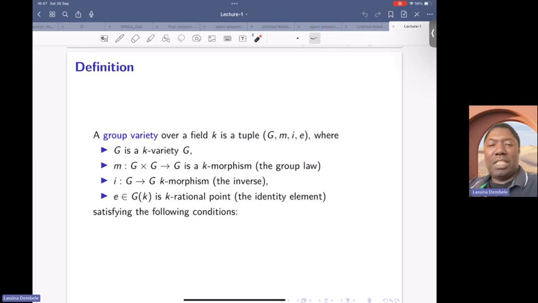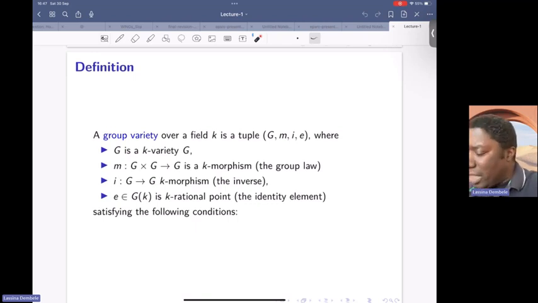And as you will see, this will be the group law. The third element is also a map from G to G. Again, this would be a K morphism of algebraic varieties. And the fourth element of the tuple is an element in the group which is defined over the field K, and this will be the identity element, the neutral element.